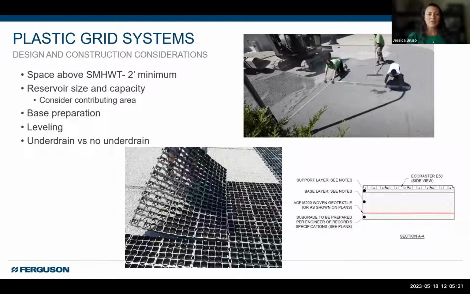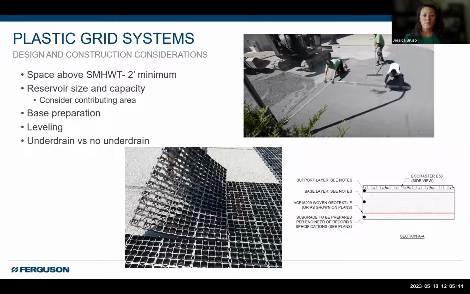As far as, again, you're going to see a lot of the same kind of stuff here, but just think about that reservoir size and capacity. Consider that contributing area that's coming into there. Do the correct base preparation and the leveling. The leveling is really going to be key in a lot of these, and just making sure everything is functioning properly and you're not creating any kind of ADA issue there or trip hazard.